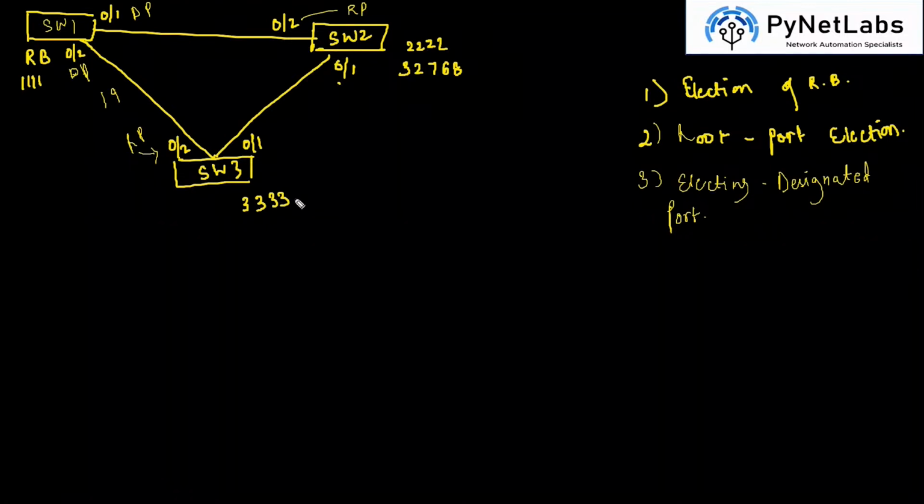So, out of FA0/1 and FA0/1 of switch 2 and switch 3, tell me which port is getting connected to the lowest MAC address, or which port has the lowest MAC address? That's switch 2, right? So we are going to elect it as designated port.